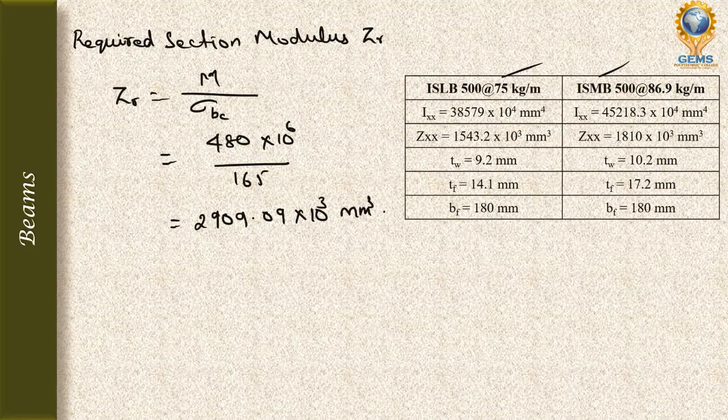So we have to check which section is suitable according to the section modulus. But here both the sections have lesser value than the section modulus required. Otherwise, the required section modulus ZR is greater than the Z available, that is the available section modulus of the beam sections.